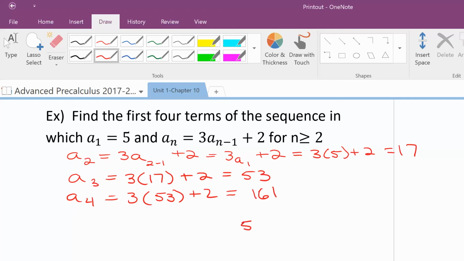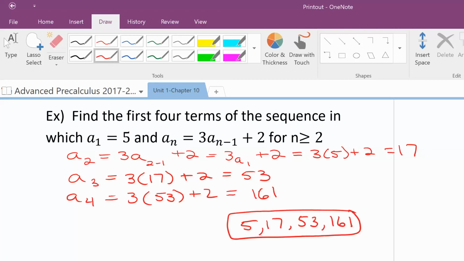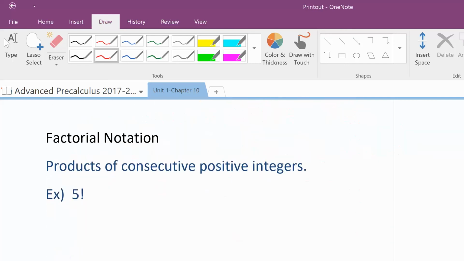So the four terms are 5, 17, 53, 161. So with a recursion formula, you use the previous term to find the next term. So you're not putting in the number of the term, you're putting in the actual term, the previous term.